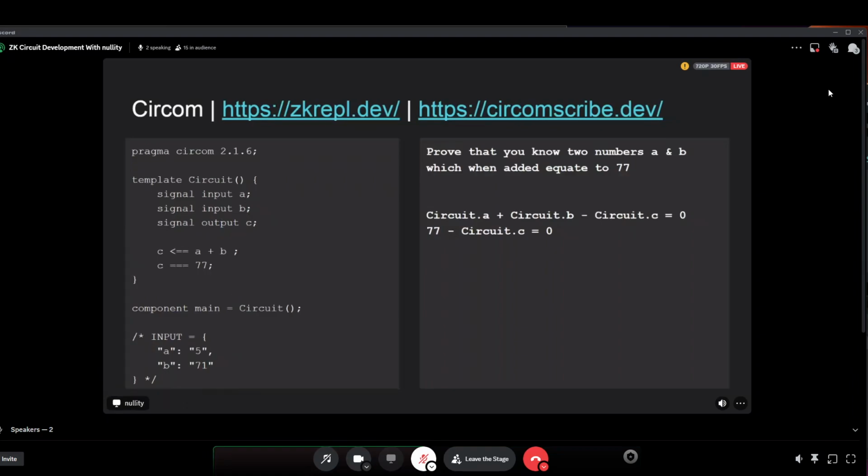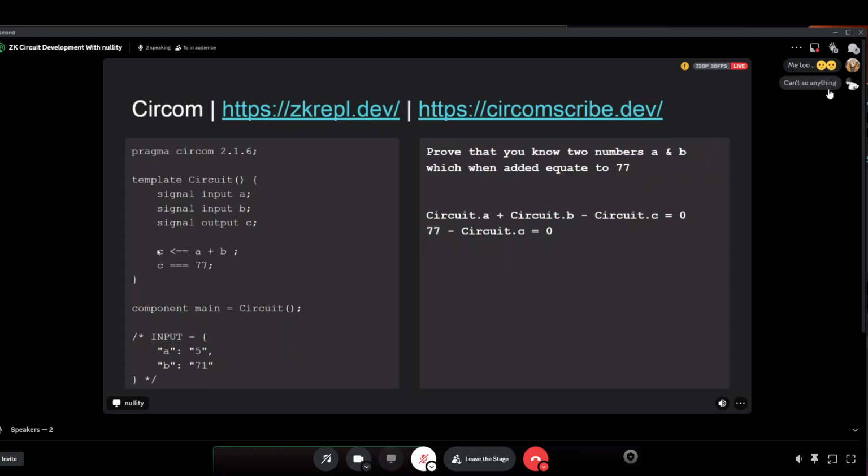You instantiate the circuit. So you start writing the circuit by using the keyword template, and you have the circuit name. You have signal input A, signal input B, which means that we're going to take two input signals, and we're going to get an output signal C. There can be as many inputs and as many outputs as you want.